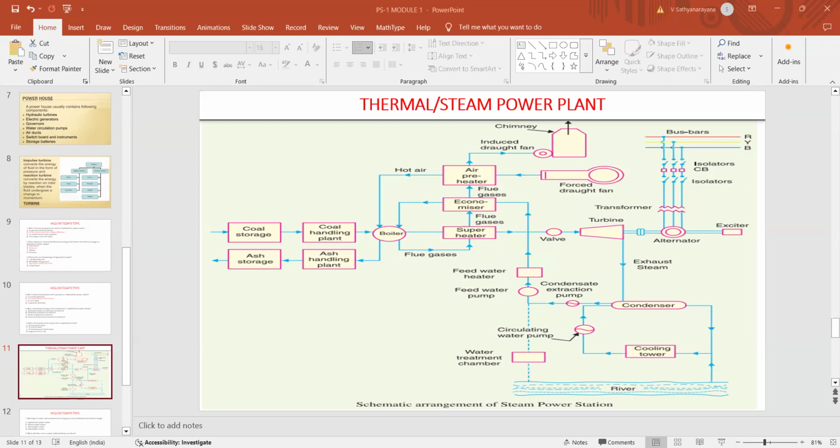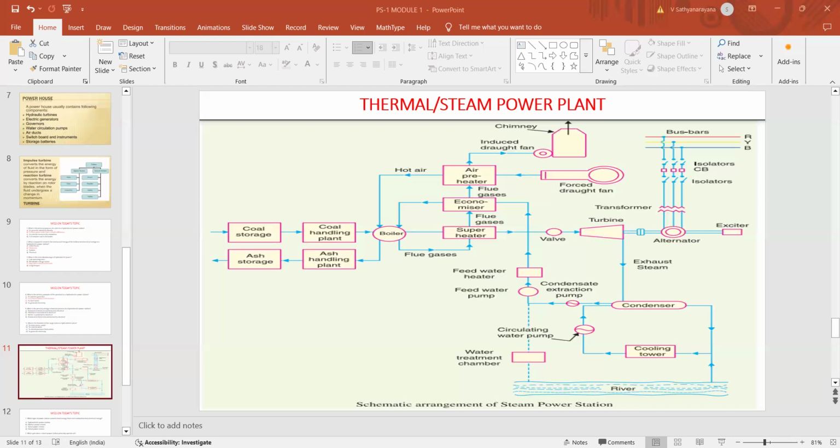So to improve the overall efficiency of the plant, consider the steam which is exhausted from the turbine. See the turbine output before coupling to the alternator: there is a line which is connected to the condenser, right? So the steam exhausted from the turbine, that means the output of the turbine, is connected to the condenser.